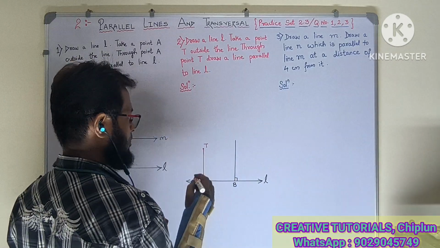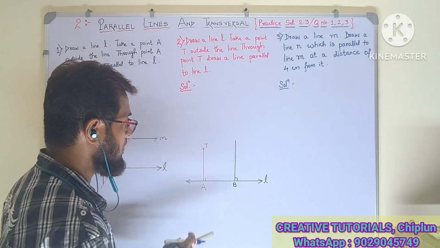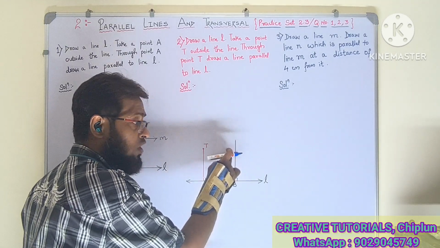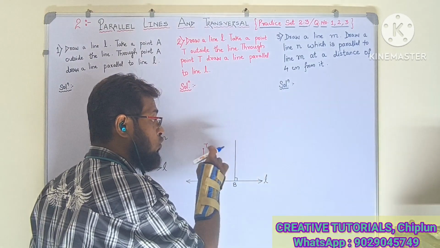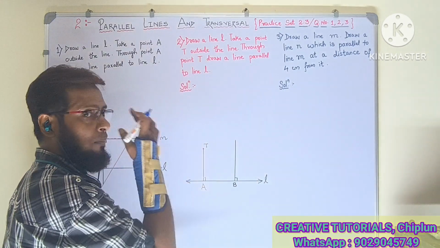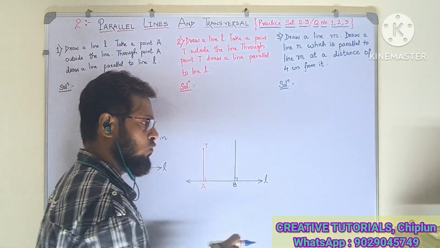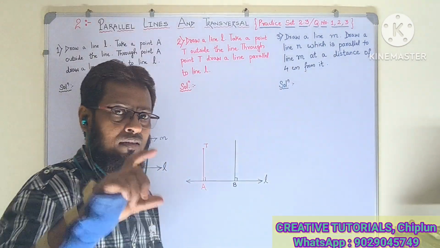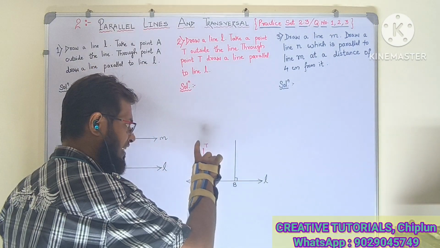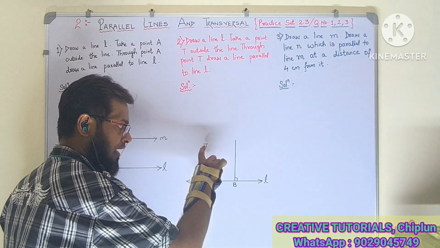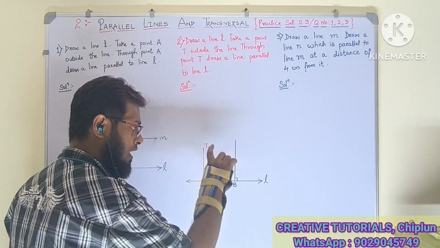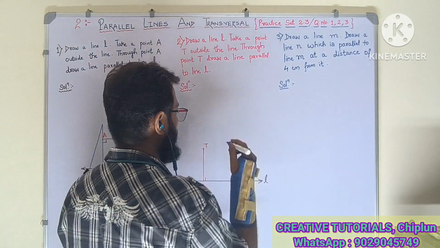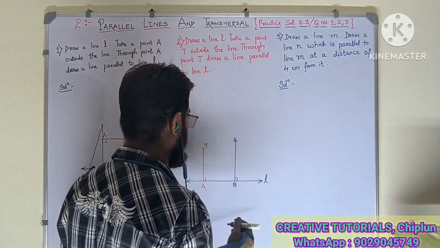Now the question is, where will you locate the point through which you will draw your line parallel to line L? With the help of your compass, you will take a radius of TA, measure TA, and with B as center, cut an arc on this line. You can give an arrow mark here if you want.